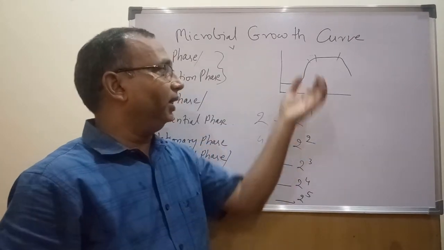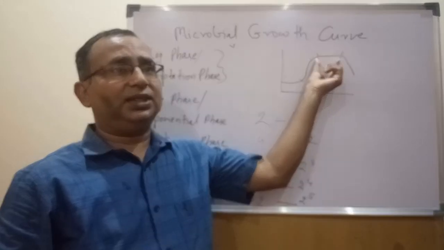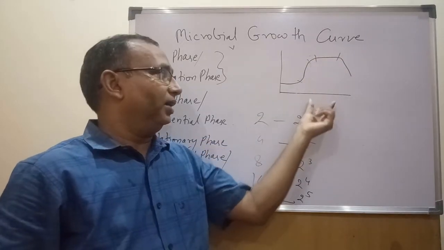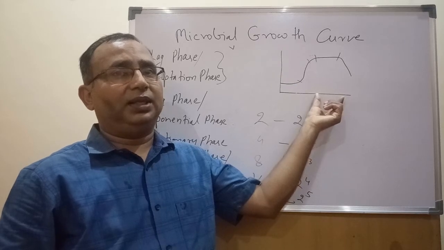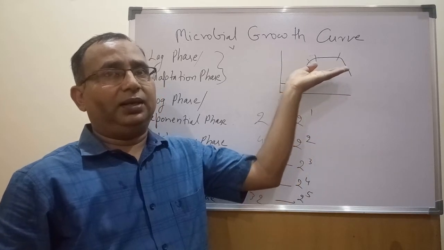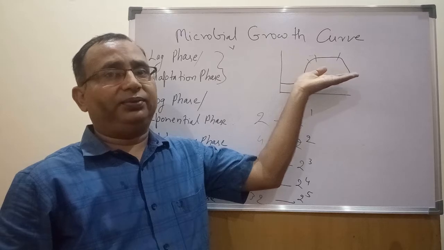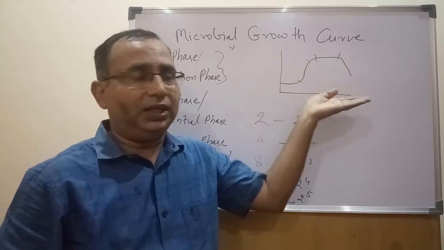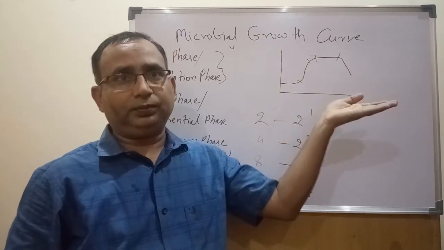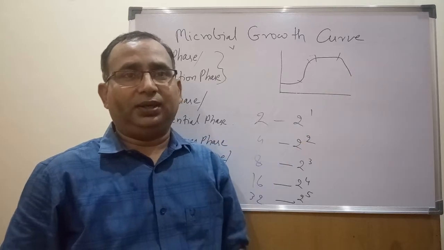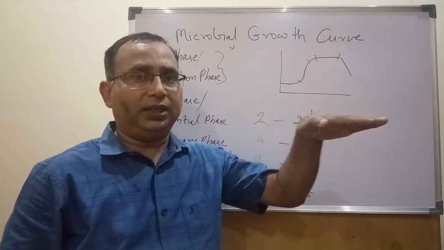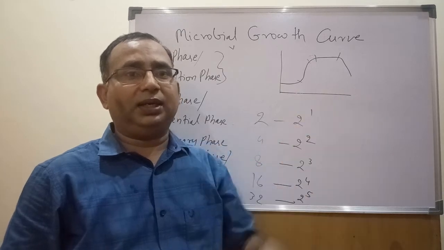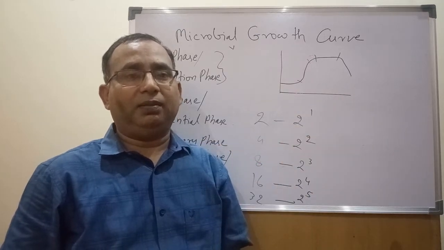So as the microbe enters this stationary phase, with respect to time we can observe a segment of the graph which becomes parallel to the x-axis or time axis, which indicates that as time keeps on growing, it does not result in an increase in microbial population.